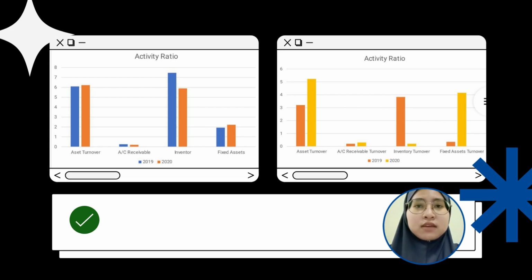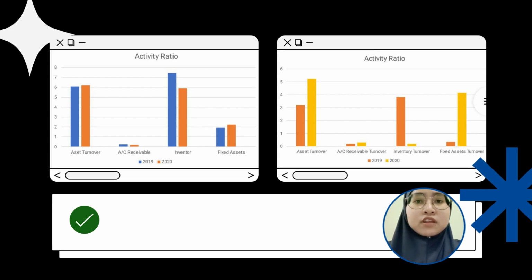From this graph, the activity ratio for Berjaya Group Corporation: the asset turnover ratio increased from 3.2 to 5.23 in 2019 to 2020, while the account receivable turnover has increased from 0.20 to 0.30.